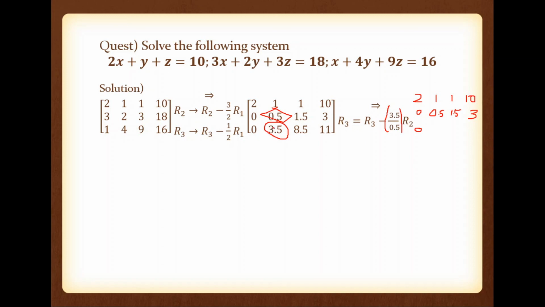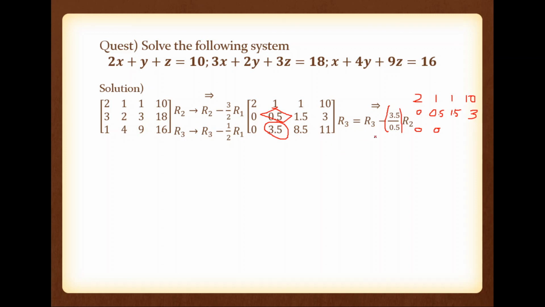Now take 3.5, the next element of R3. Substitute here. What is the corresponding R2 element? 0.5. So 3.5 minus 3.5 divided by 0.5 into 0.5. You can see that is 0. Now take the next element, 8.5. The corresponding R2 element is 1.5.